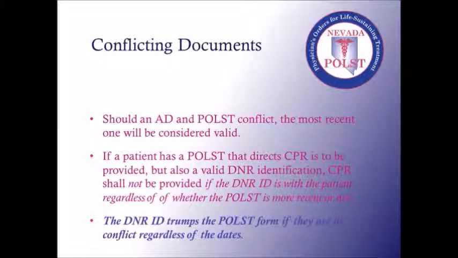So in other words, the DNR ID trumps the POLST form if they are in conflict regardless of the dates. Again, the DNR ID in possession of the patient trumps the POLST form.